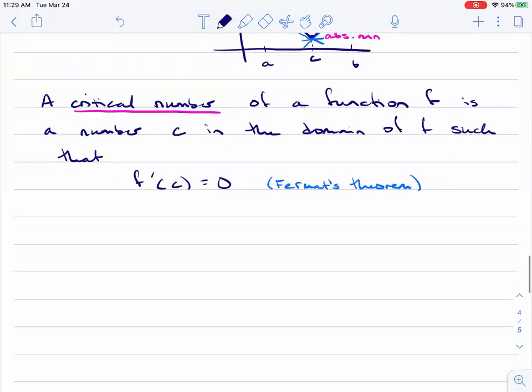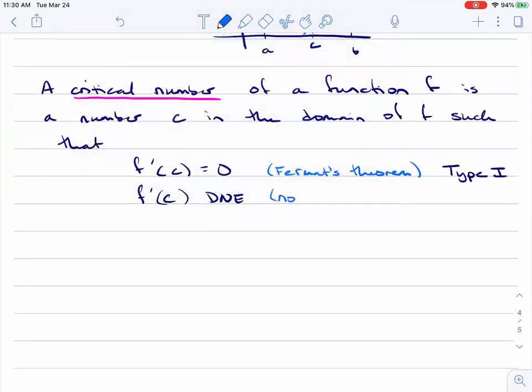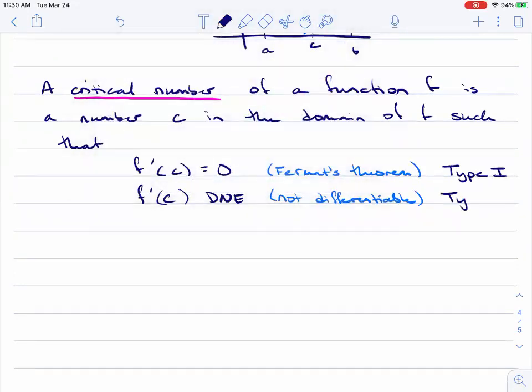And we call this type 1, just to differentiate the 2, because the other option is that you have a critical number where the derivative does not exist. And so you would say it's not differentiable. We call this a type 2.